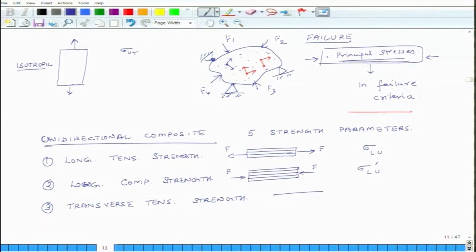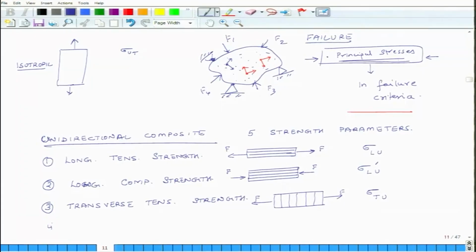We have a sample, and here we pull it in tension, and we pull it in tension in the transverse direction. So, these are the fibers, and the fibers are oriented like this, and this strength is called sigma T U, ultimate tensile strength.